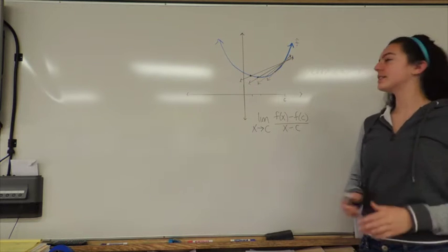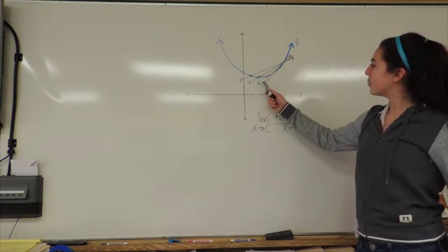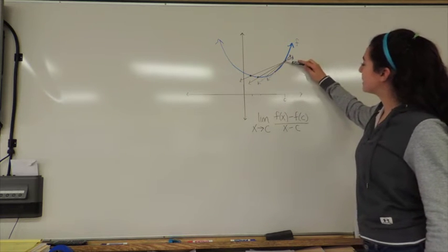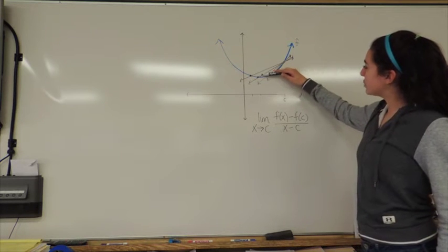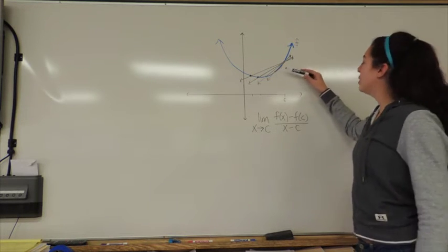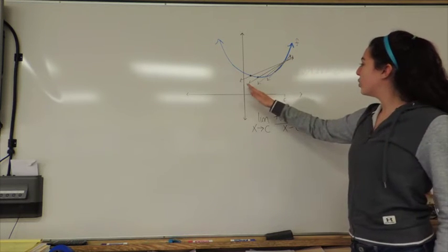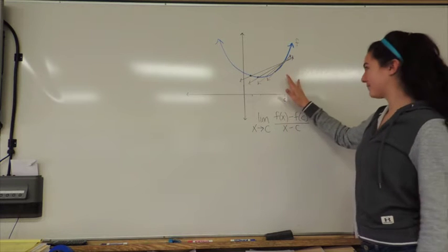As you can see, as these points, which are the x value, get closer and closer to point c, the secant lines are changing what slope they have, which means that you're getting a different average rate of change based on which interval you're looking at.